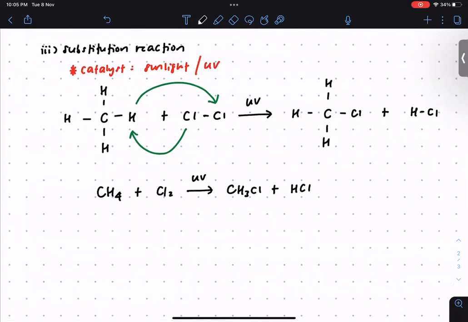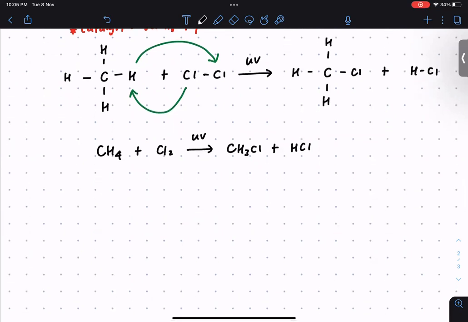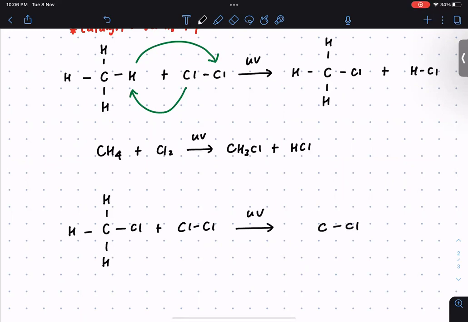Now, if there are more chlorine molecules present and more sunlight or UV light, further substitution reaction can happen. So you will have the same molecule, chloromethane earlier, reacting with more chlorine, and it will produce dichloromethane and hydrogen chloride again.